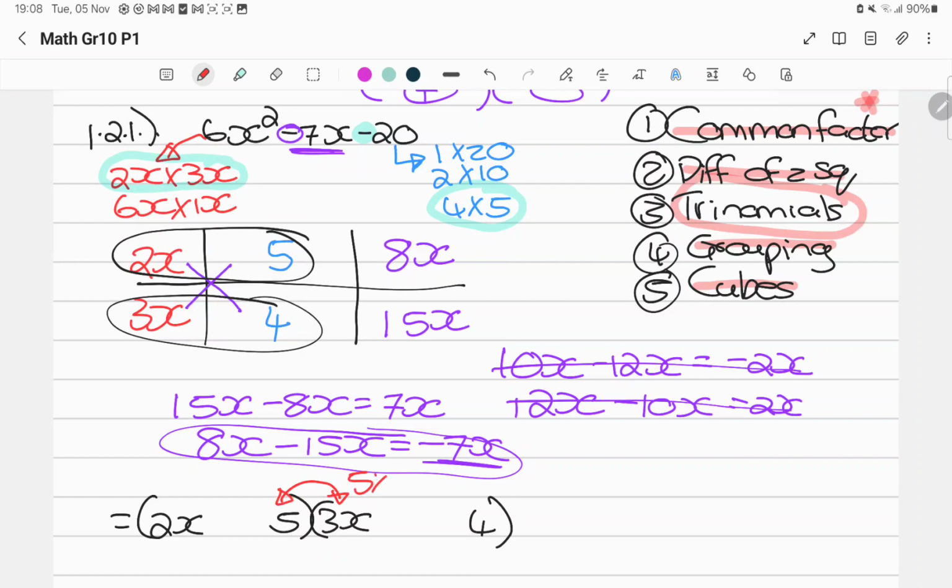So I'm going to say, what's 5 times 3x, which gives me 15x. And was my 15 positive or negative? It was negative, which means this has to be negative and this has to be positive. If you have time left, go and multiply them out and see, did I do this correctly?